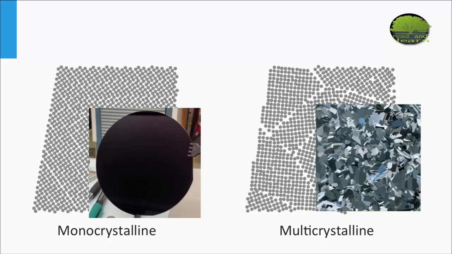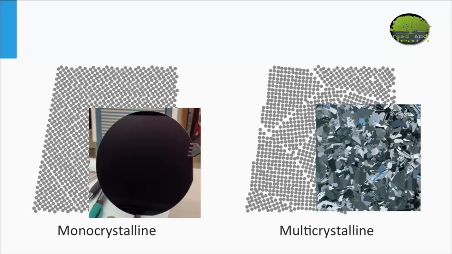Here you see two pictures of monocrystalline and multicrystalline wafers. A monocrystalline silicon wafer has one uniform color, whereas in multicrystalline silicon the various grains are clearly visible to the human eye. At the grain boundaries we find lattice mismatches.